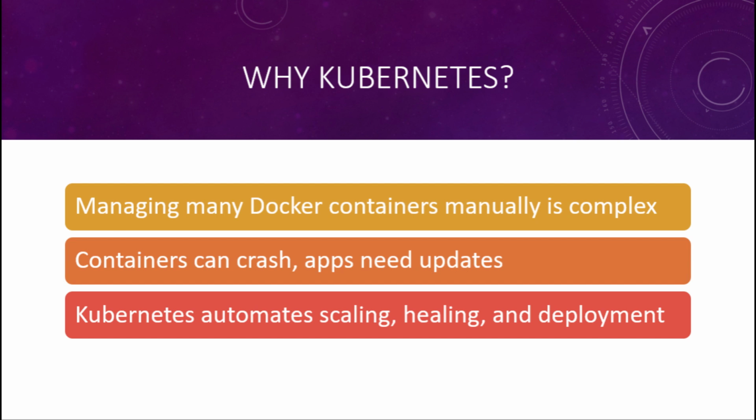What happens if one crashes, or traffic spikes, or you need to roll out an update? Kubernetes steps in as the automated operating system for your containers. It watches over your applications, restarts failed containers, scales them up and down, and helps you deploy updates without downtime.